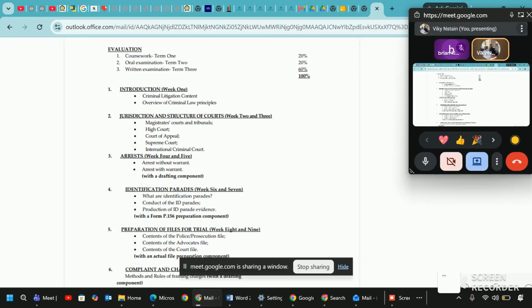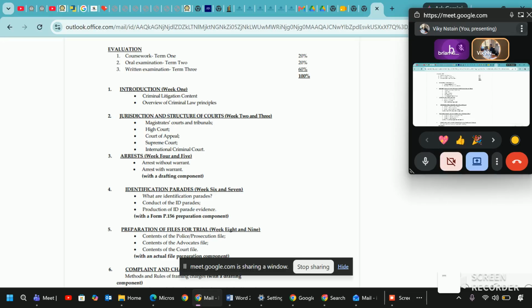Then F, whom the police officer suspects upon reasonable grounds of being a deserter from the armed forces or other disciplined service. And G, whom the police officer suspects upon reasonable grounds of having committed or being about to commit a felony.